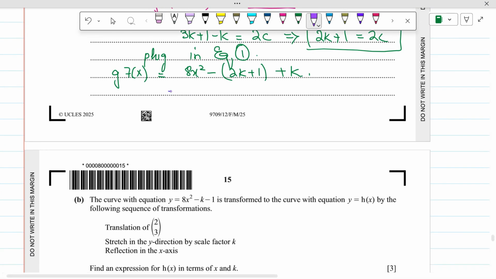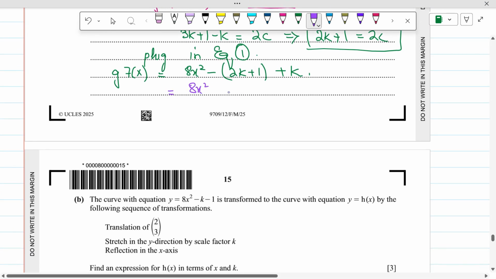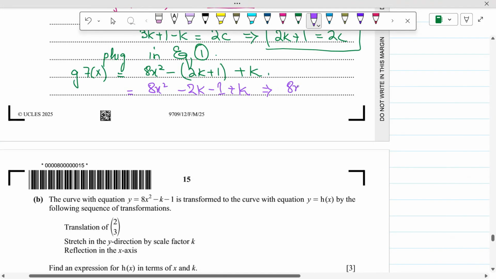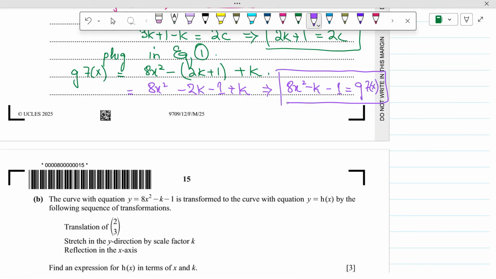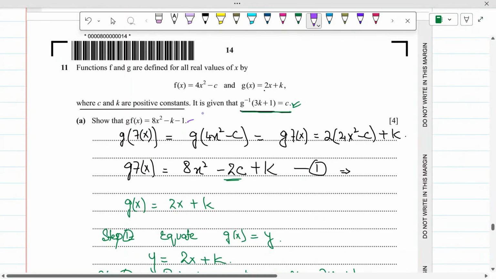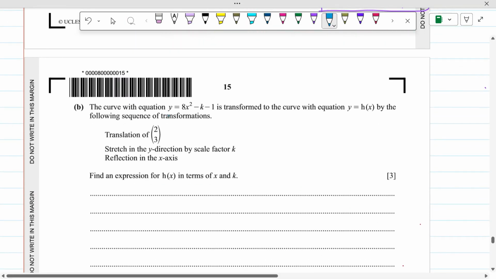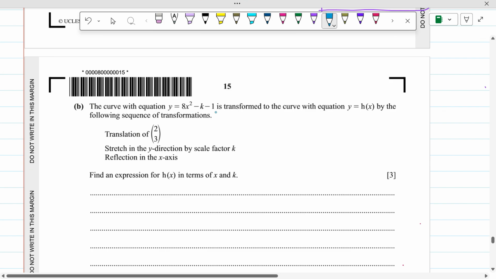So we will have 8x squared minus 2k minus 1 plus k. So this is equal to 8x squared minus k minus 1. This is the g of f of x, which was required.